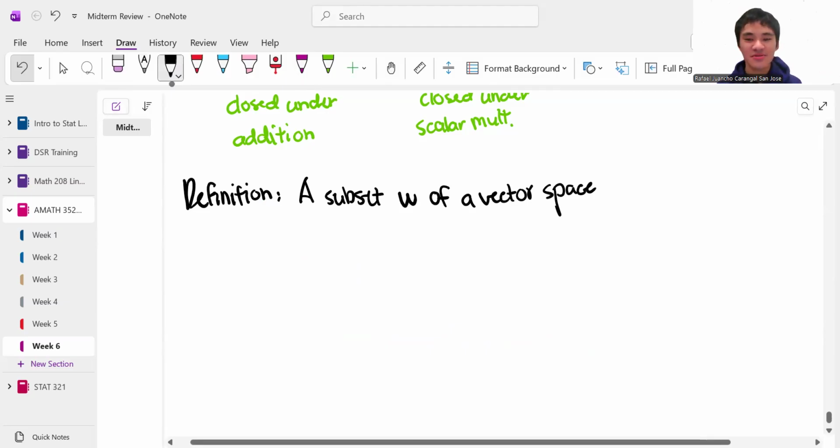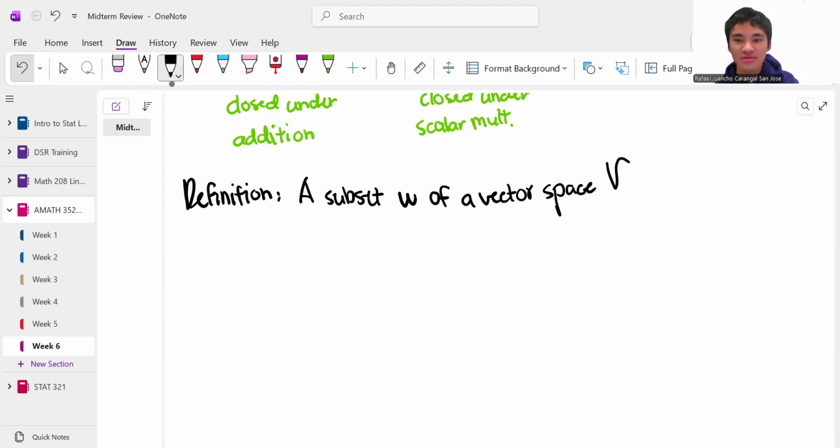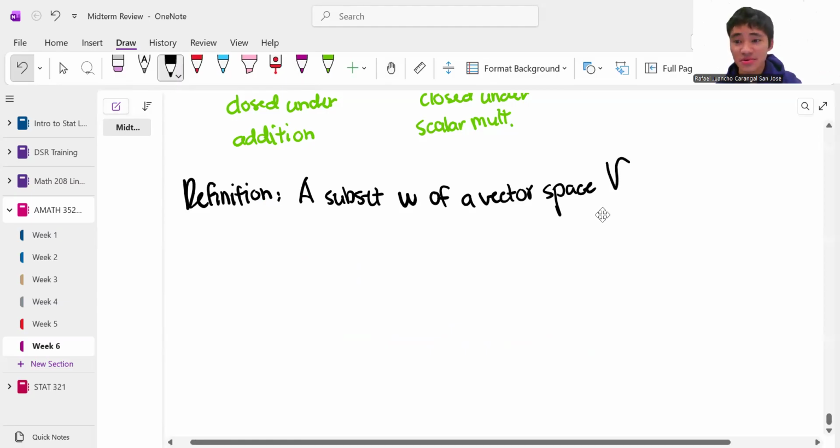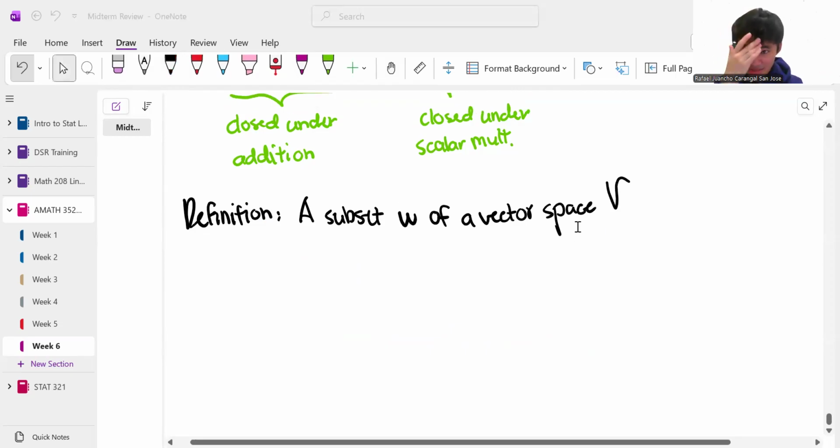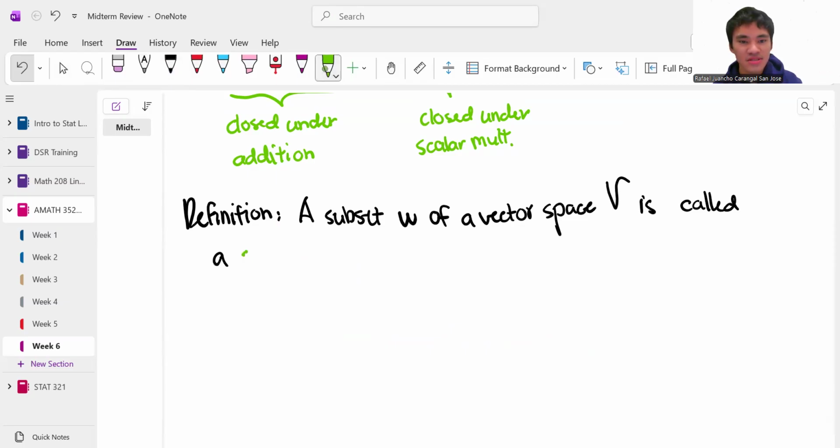So a subset W of a vector space V. Here in math, they like to put letters on everything just to make it more formal, I guess, more defined. This one you're going to hear: a subspace. See how original that is? From set, we turn it to subset, and then from space, we turn it to subspace.